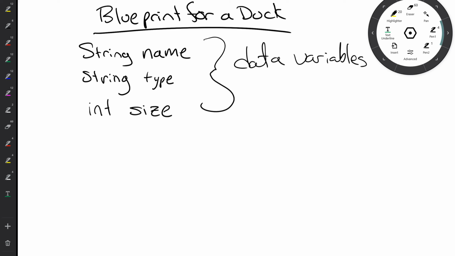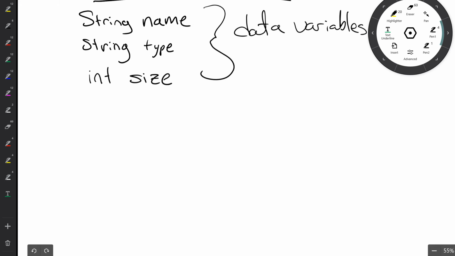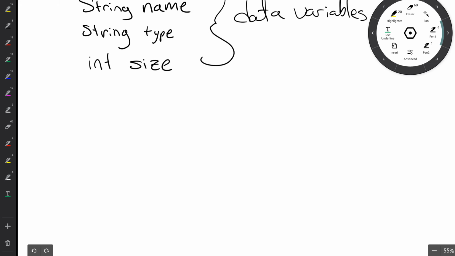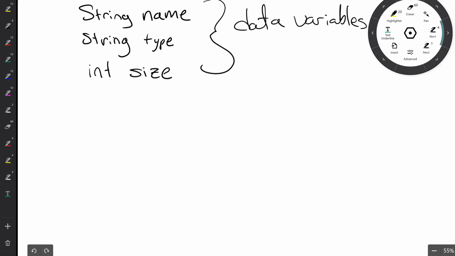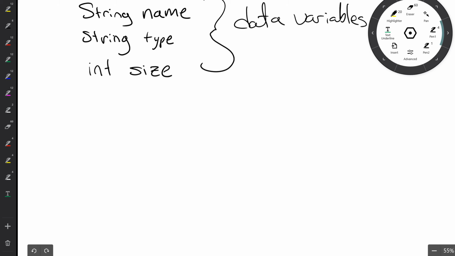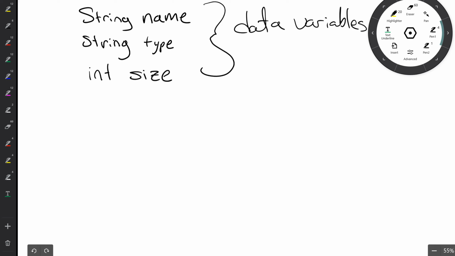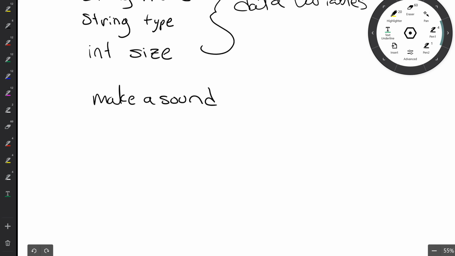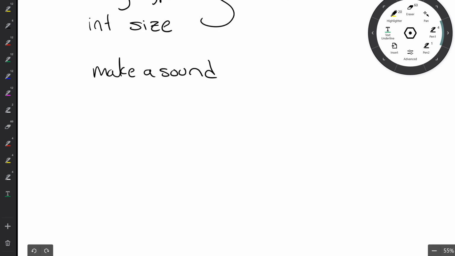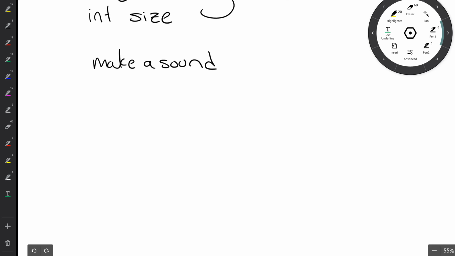We're also going to have things that a duck can do. Things that a duck can do would be considered our functions or methods. So a duck can make a sound. Could be different sounds. Most likely going to be some version of a quack, but loons don't really make quacks. A duck can swim.